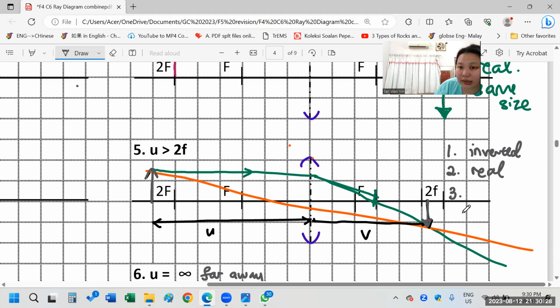Originally 1.5 and this one becomes 1, so it is diminished.